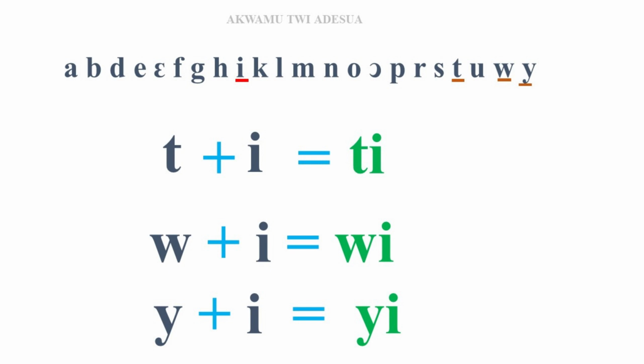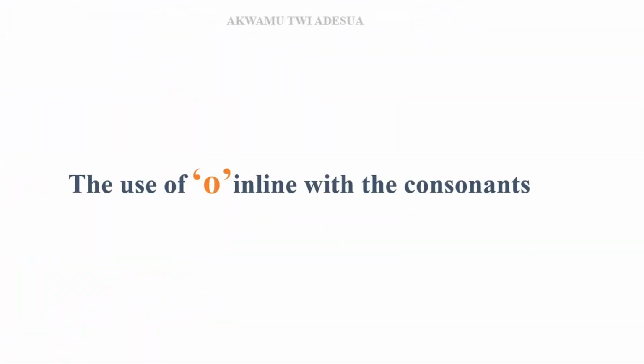The use of the O in line with the consonant. We are going to use the vowel O in line with the consonant to derive a result.